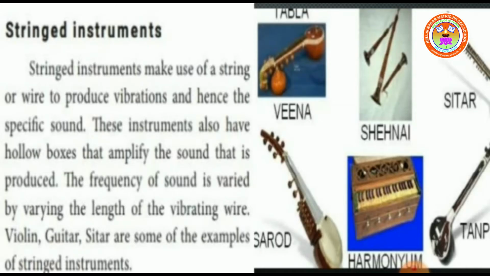Next, stringed instruments. Stringed instruments make use of a string or wire to produce vibrations and hence the specific sound. These instruments also have hollow boxes that amplify the sound that is produced. The frequency of sound is varied by varying the length of a vibrating wire.